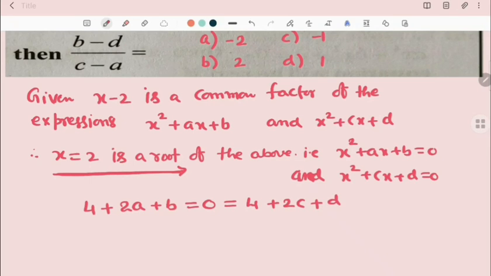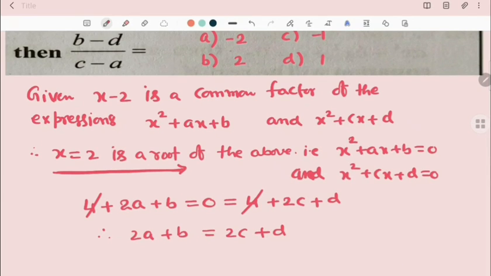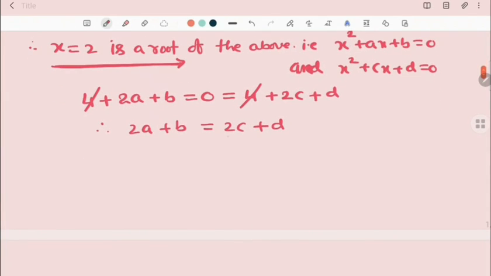So here both sides 4 get cancelled. We get 2a plus b, which is equal to 2c plus d. 2a we are taking to this side and d I am taking to this side.